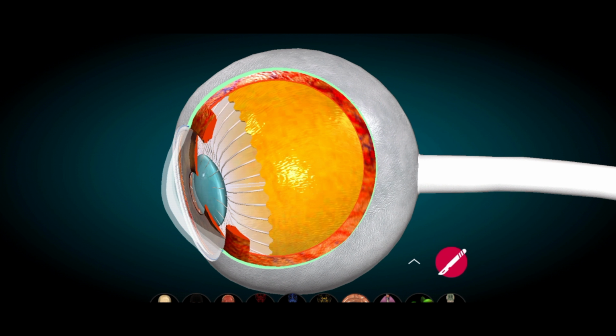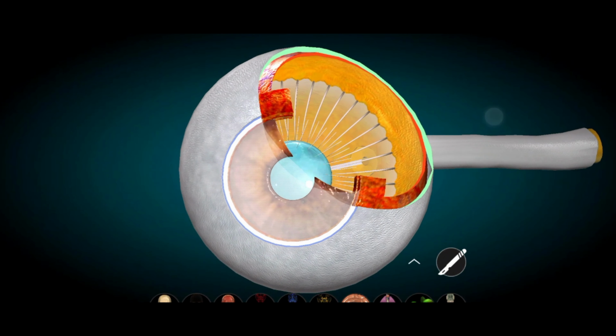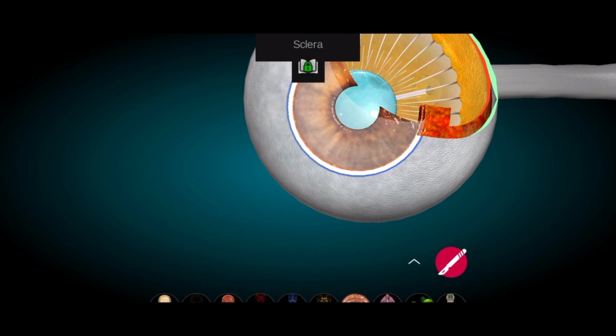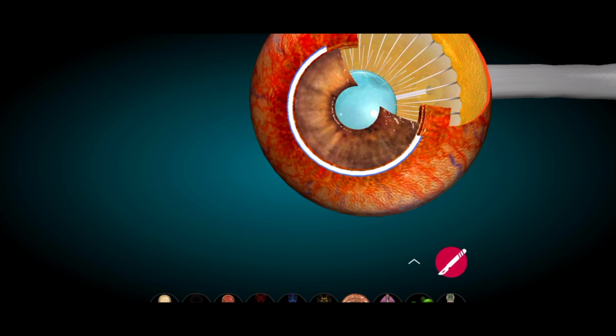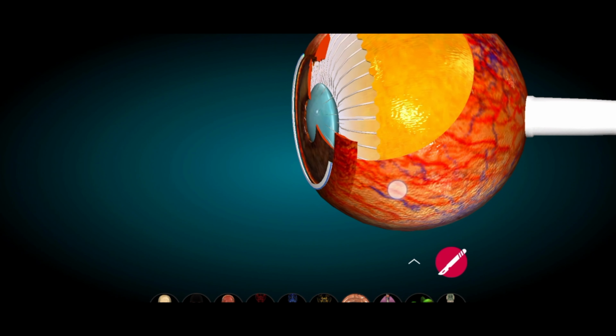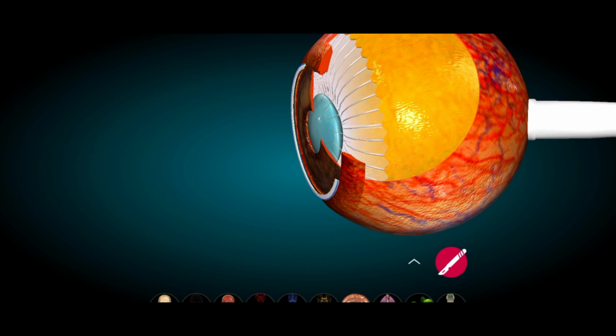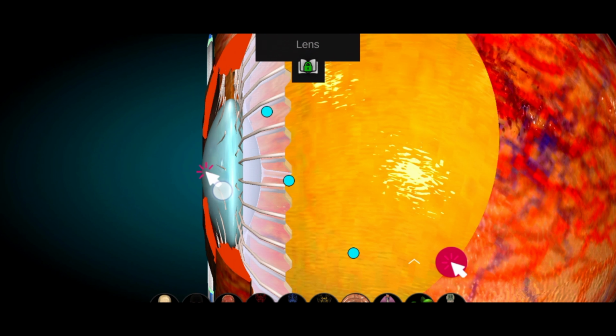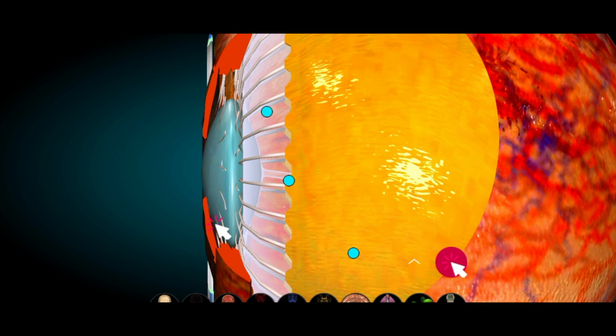Now if we just remove them, here you can see that this is the posterior chamber. This chamber is just in front of the lens, that is the posterior chamber. Okay, let's go for another visualization.